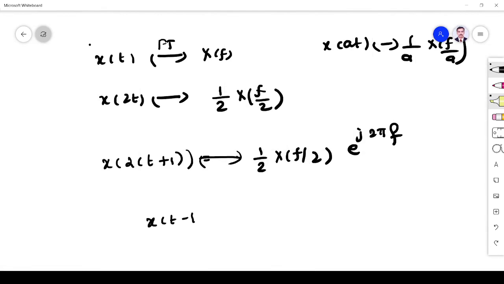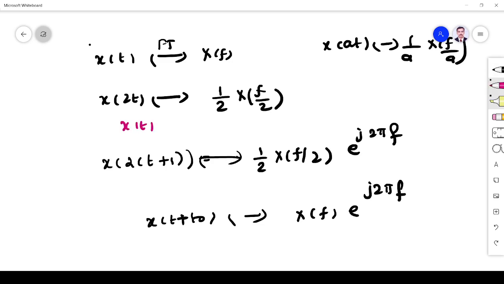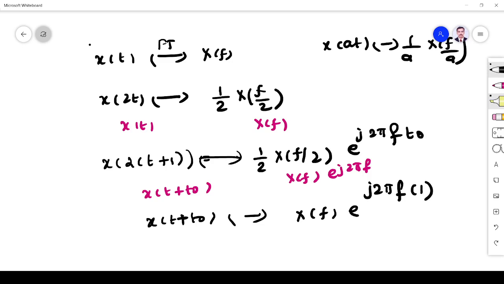Because x of t minus t naught has a Fourier transform of x of f e power minus j2πf t naught; if you put plus, x of t plus t naught has a Fourier transform of x of f e power j2πf t naught, right? So that is the point. Here t naught is 1, so 2πf into 1.